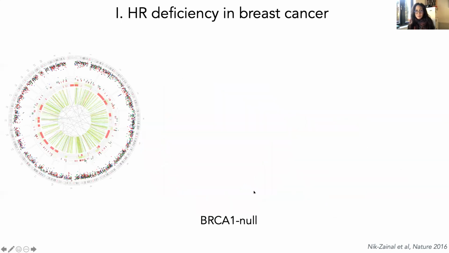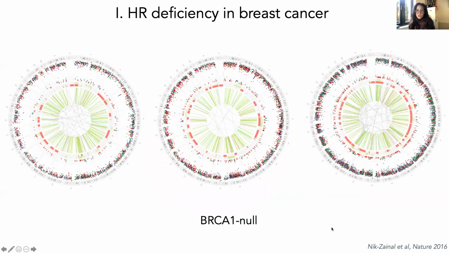So here is that same patient, and here are the cancer genomes of 2 other women, neither of whom have germline BRCA1 mutations, but instantly you can see that they're indistinguishable from each other. In fact, the woman in the middle has a somatic mutation in BRCA1, and the one on the right has promoter hypermethylation of BRCA1.